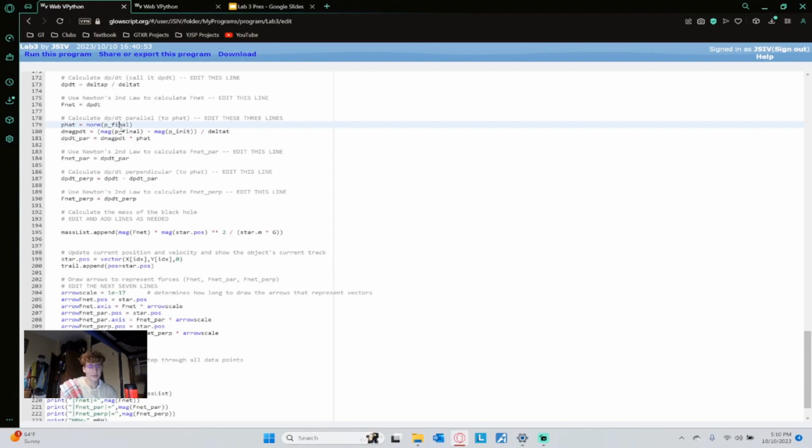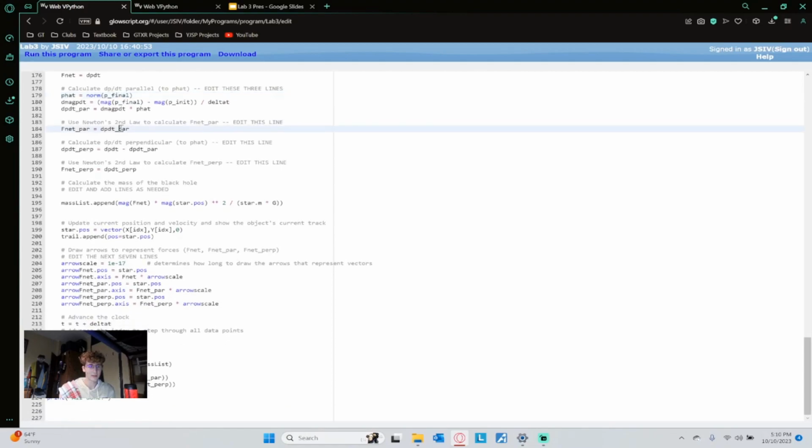We use the derivative expansion of the momentum formula to calculate dp dt parallel, and we know that because there's no other forces, dp dt perp is going to be f net minus dp dt parallel, or just dp dt minus dp dt parallel. Then we append the current force at each position so that we can find the total mass of the black hole later.